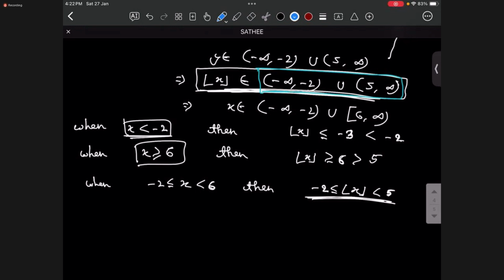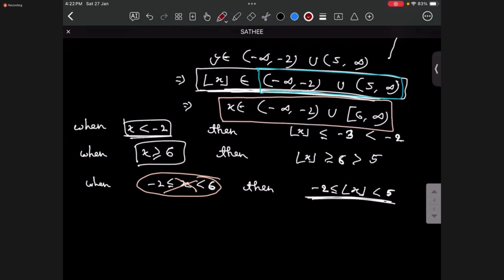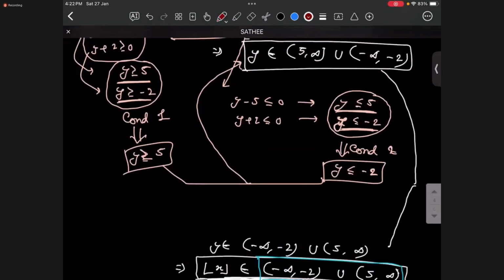That's why we don't take this portion. That's why we took x belongs to minus infinity to minus 2 union 6 to infinity. So thus we can find the domain of the given function.